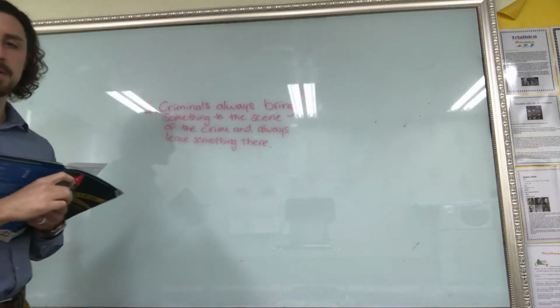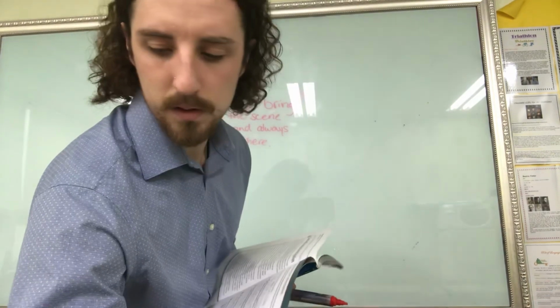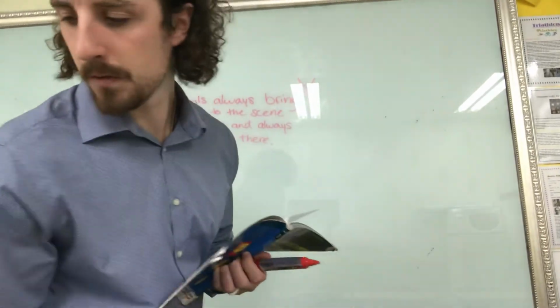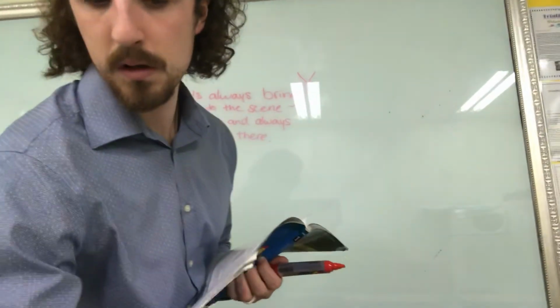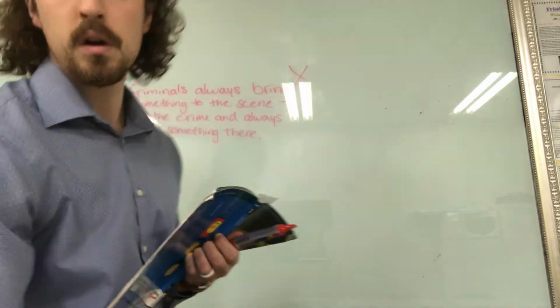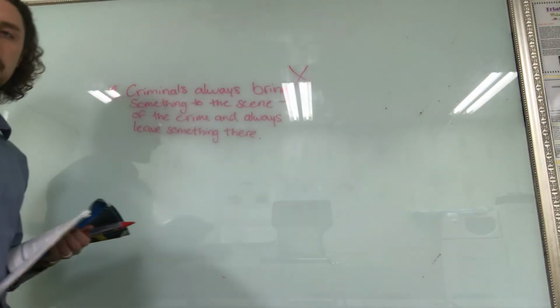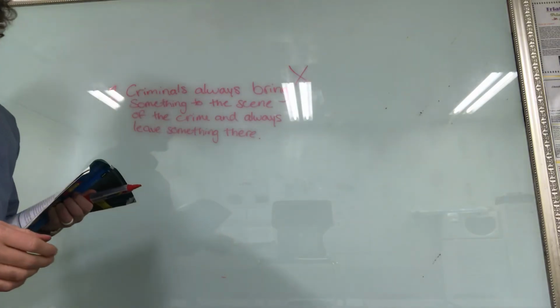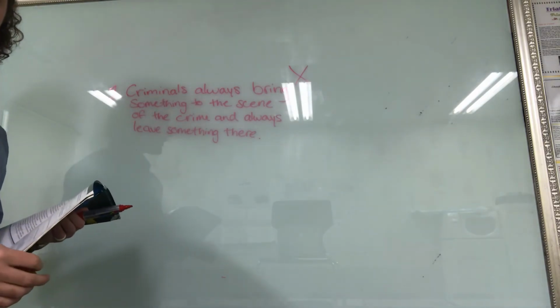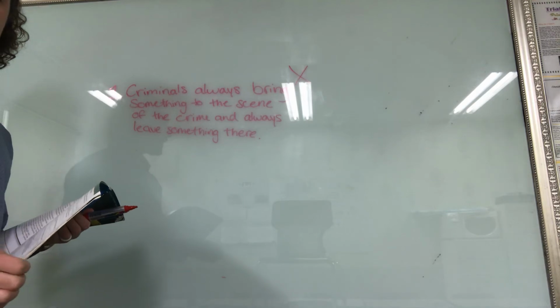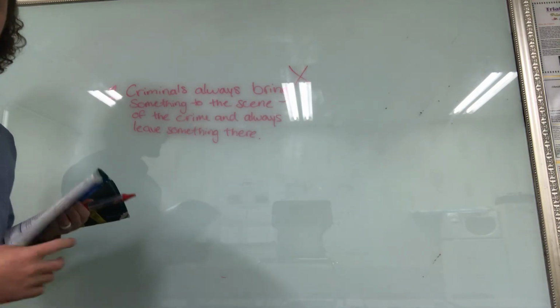Okay? Let's see if we can just move this up a bit, just so you have a little bit better view. Hold on. Okay. Now that glare is even worse. Oh, my head's blocking it. There you go. Okay. Criminals always bring something to the scene of the crime and always leave something there.